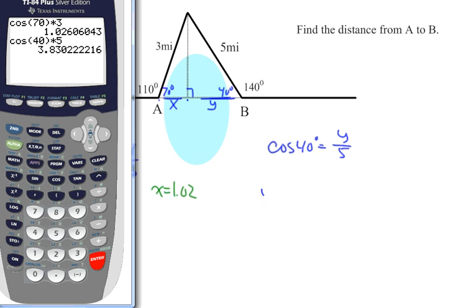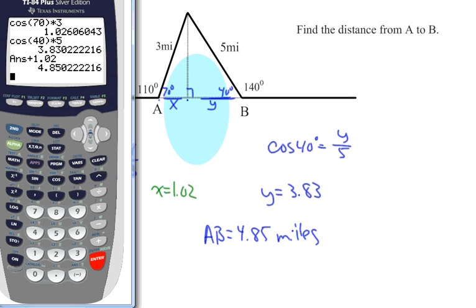So that's what y will equal. If I just add the two together, we're going to get a total distance from A to B of 4.85, and we were dealing with miles.